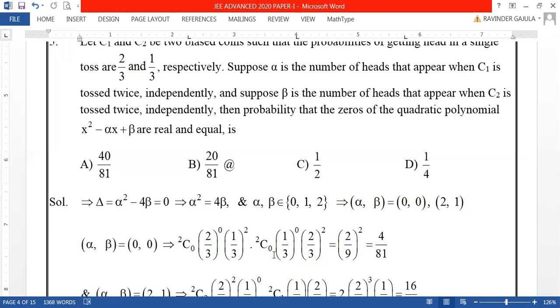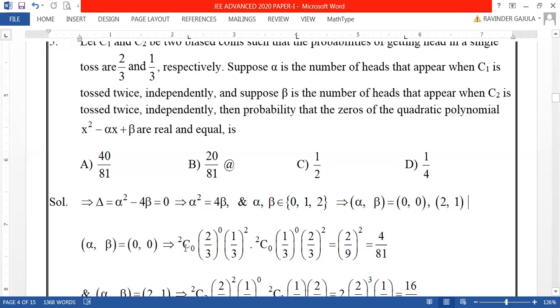So from that formula, you can write the probability of alpha 0 and beta 0 as 2C0 (2/3)^0 (1/3)^2, and for beta 0, 2C0 (1/3)^0 (2/3)^2. On simplification, it is 1 by 9.